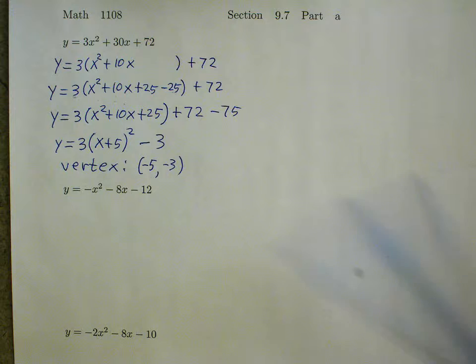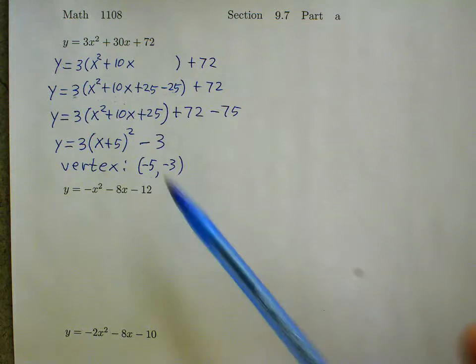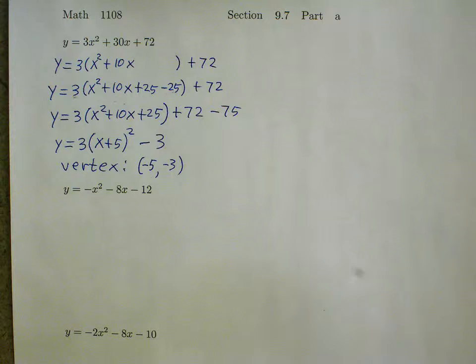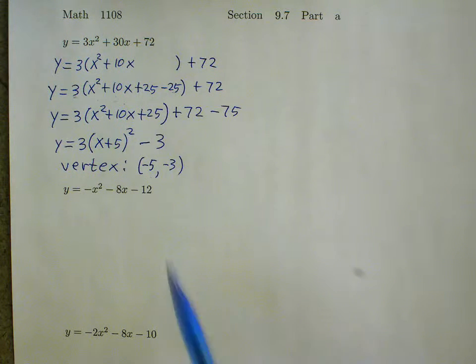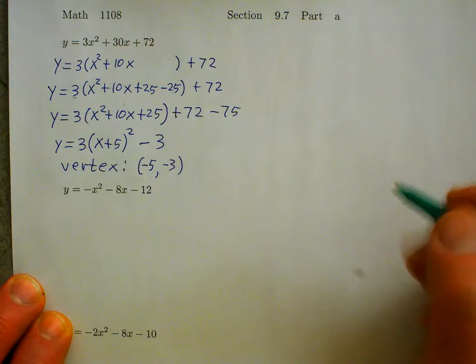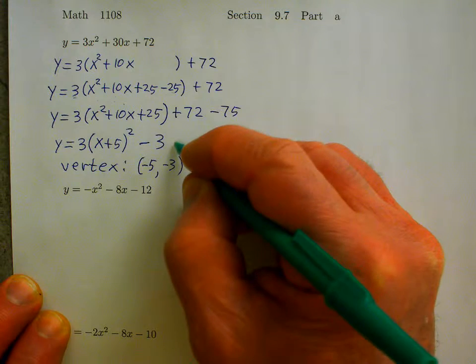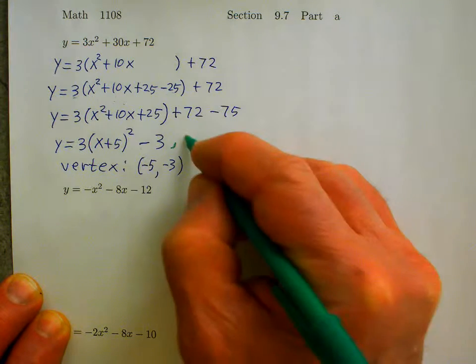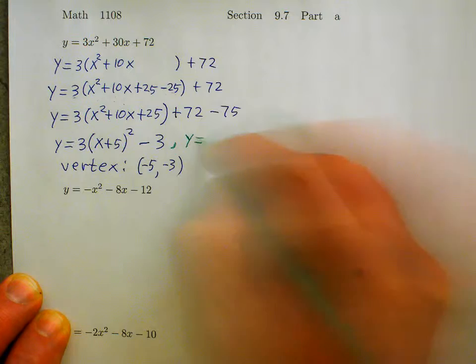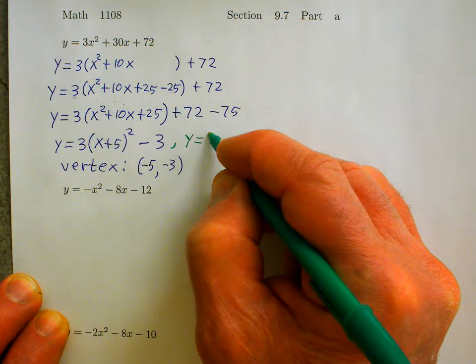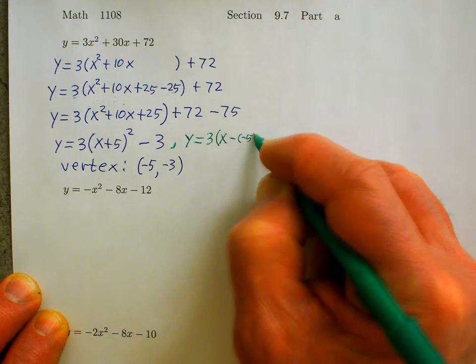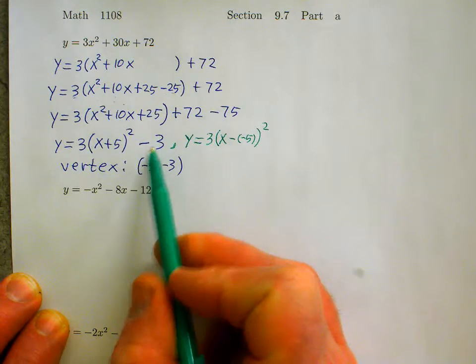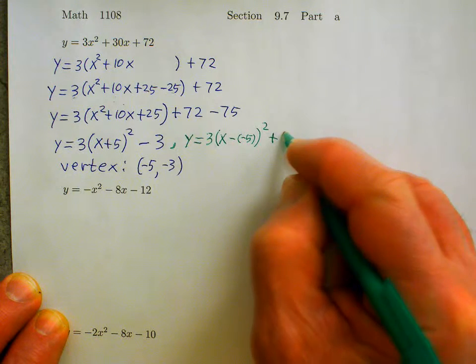The way it was described to begin with was that the y coordinate is the number added on the outside, but subtracting 3 is equivalent to adding negative 3. So a way to rewrite this is 3 times x minus the number negative 5 squared, and then minus 3 is equivalent to adding negative 3.